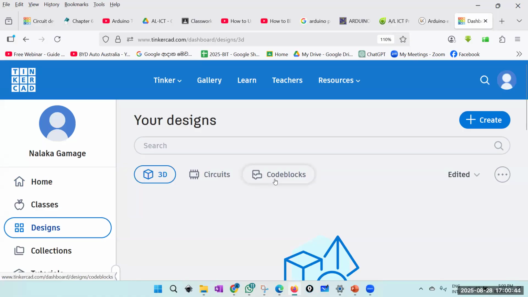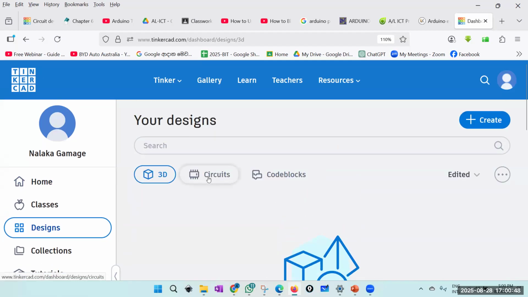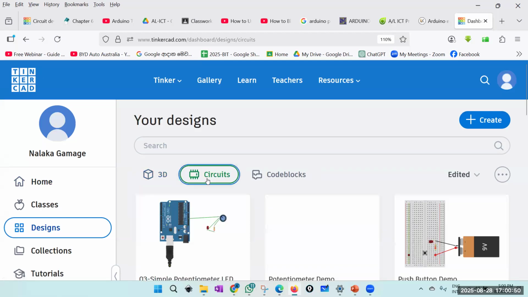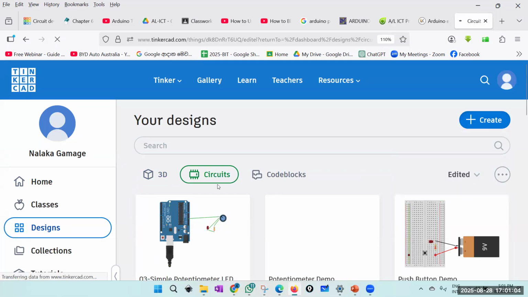We are not interested in code blocks or 3D. We are interested in circuits. You can select circuit and then say create. Again, it asks which one, so you can say circuit. So just follow these steps after login.